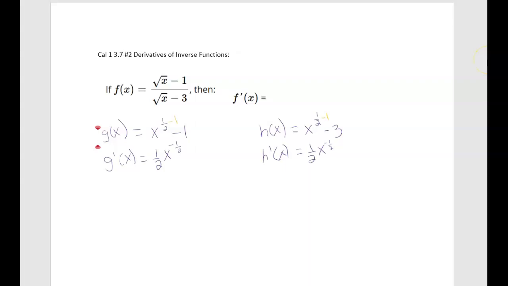And remember what the quotient rule is. We have a function, derivative now, and so it's going to be f prime of g minus g prime all over g squared. So this is what we're going to use, except I'm going to do g and h because I labeled the g function and this is my h function.